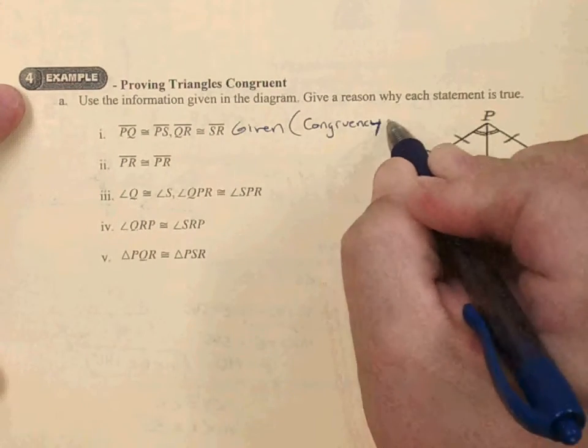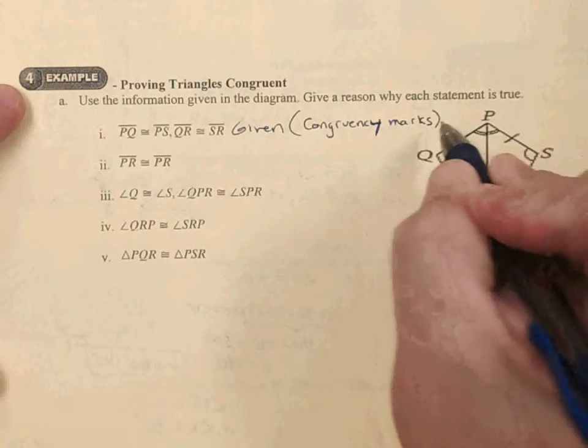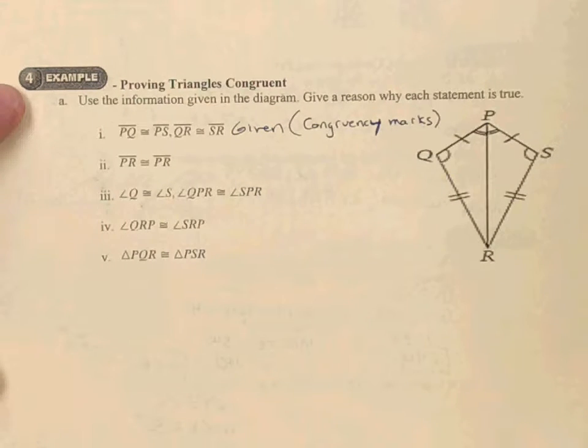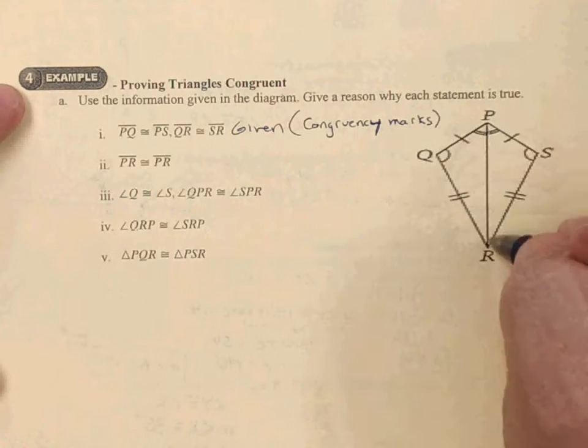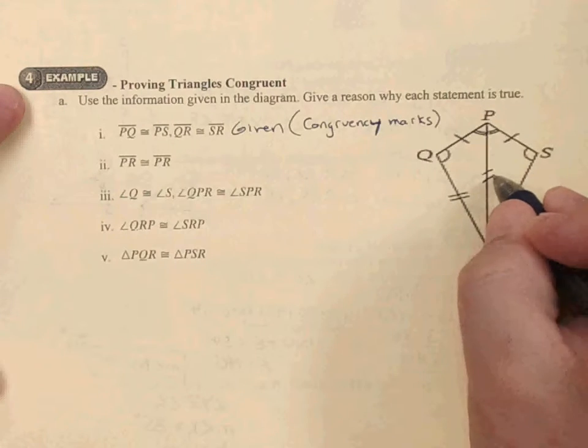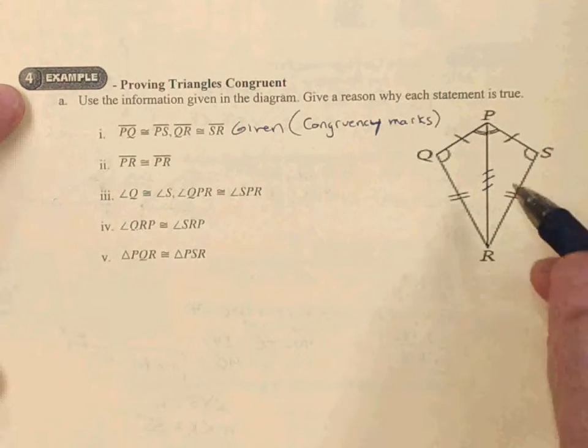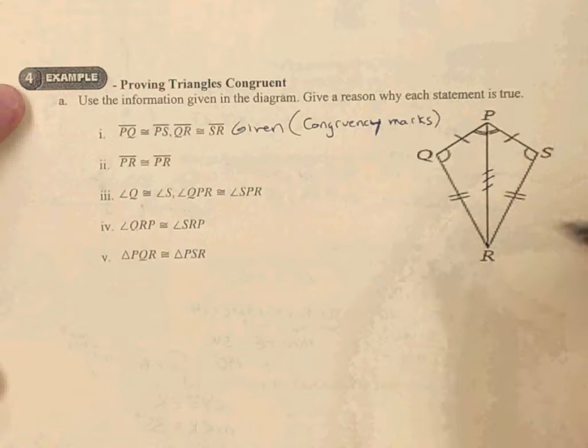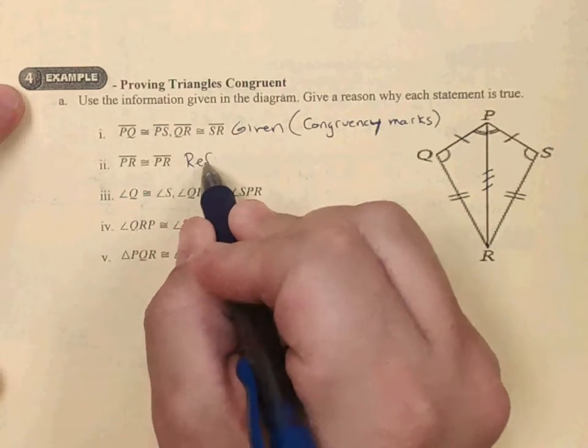They use those congruency marks to show that. What about PR is congruent to PR? This line is congruent to that line segment. Well, obviously they're the same side because of the same length. This is the reflexive property.